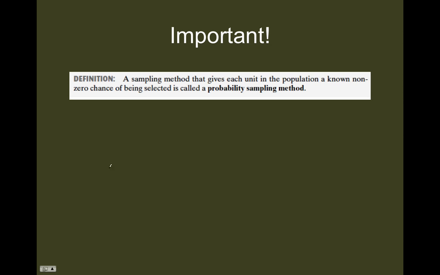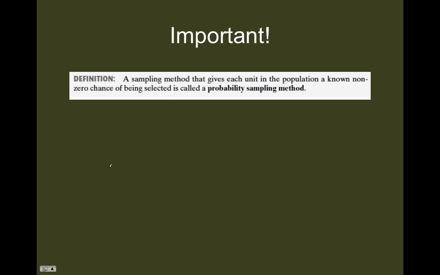Now here's a really important idea. A sampling method that gives each unit in the population a known non-zero chance of being selected is called a probability sampling method. And there are a good number of different probability sampling methods.